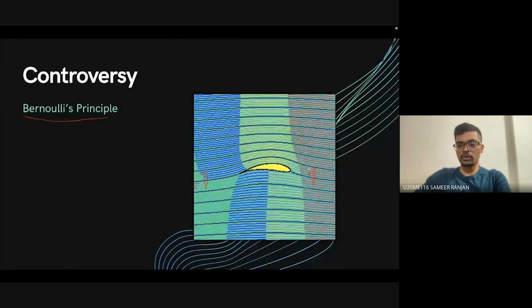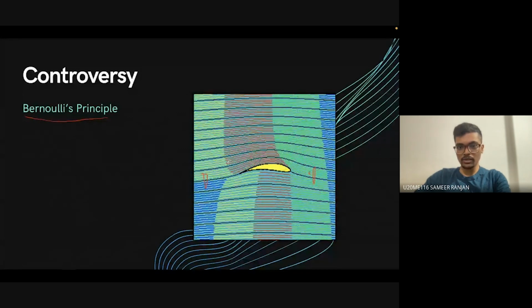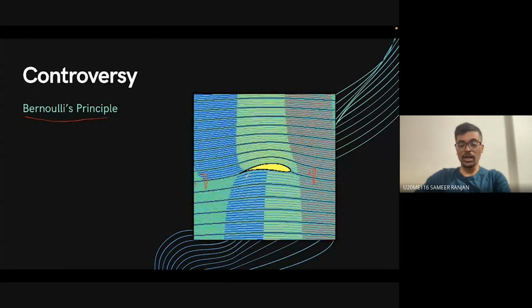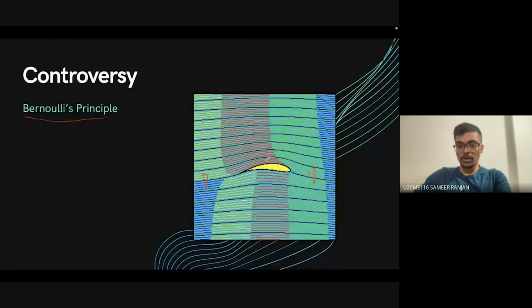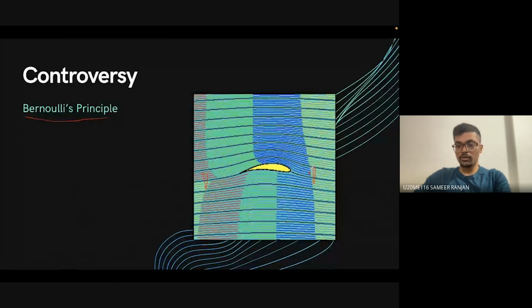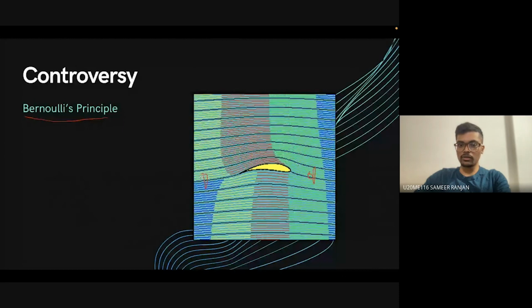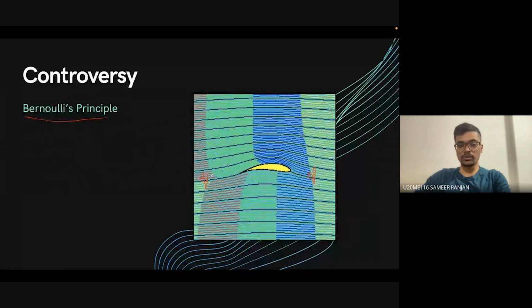If you notice, this red particle has traveled forward, but the lower particle is lagging behind. But in spite of that, the pressure which is maintained here and here is constant.